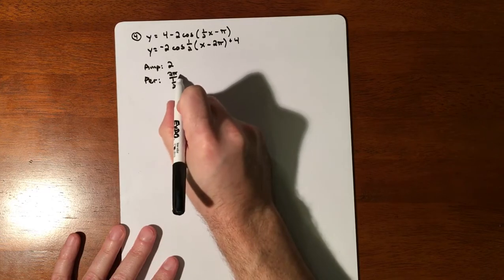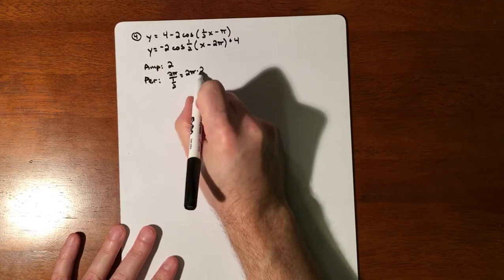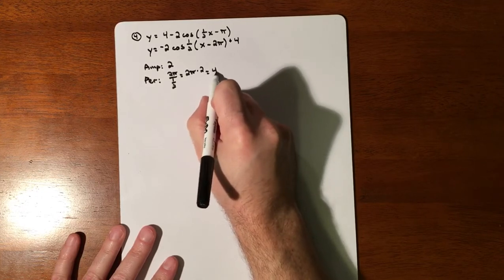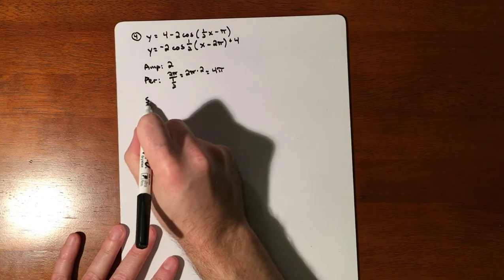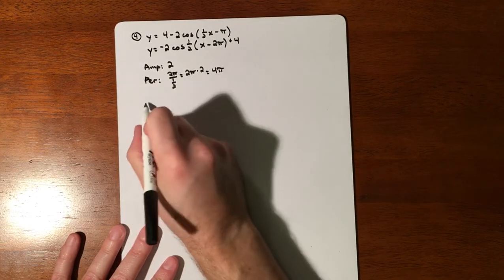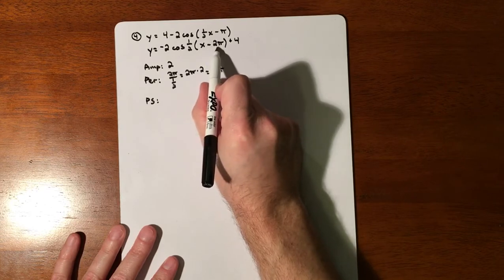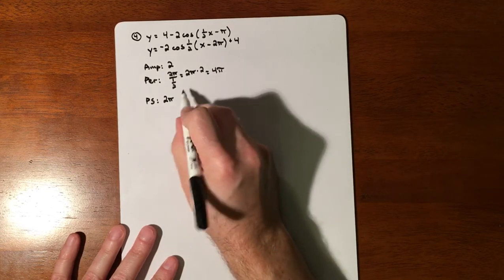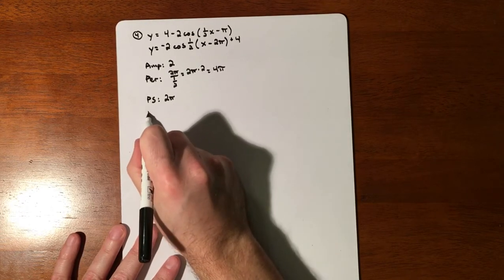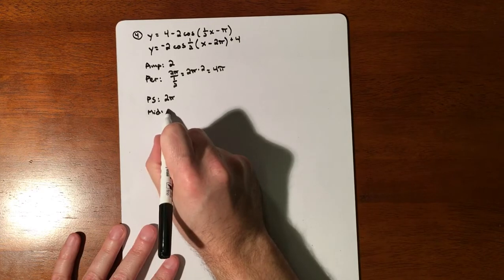So 2 pi divided by 1/2 is the same thing as multiplying by the reciprocal, so our period's going to be 4 pi. Our phase shift is going to be right 2 pi. And then our midline, everything's going to be up 4.